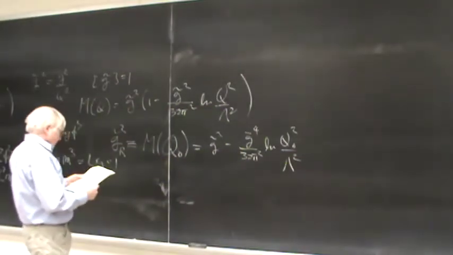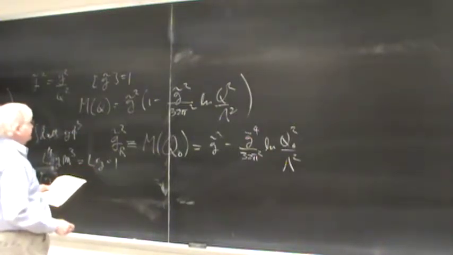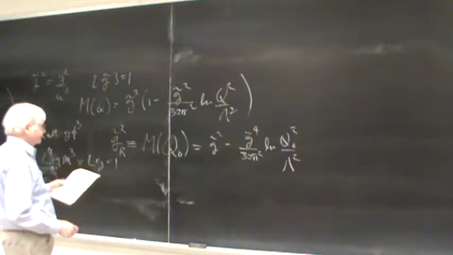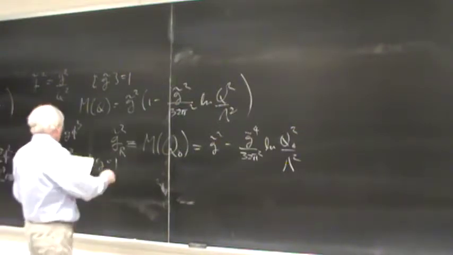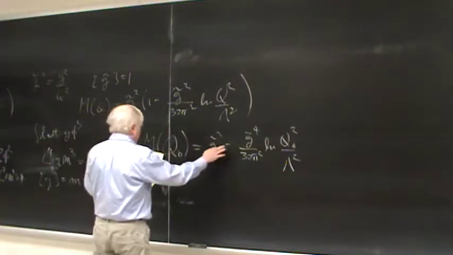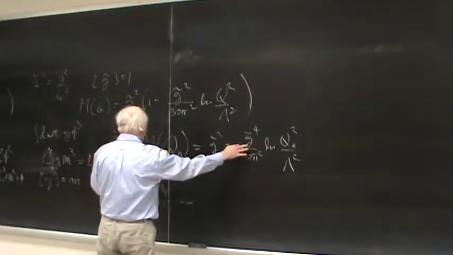Okay. Now, all right, so we have a formula here which says G tilde squared is that plus that.